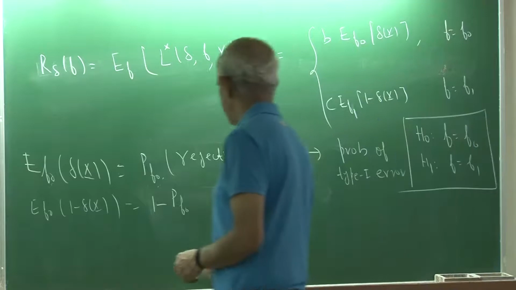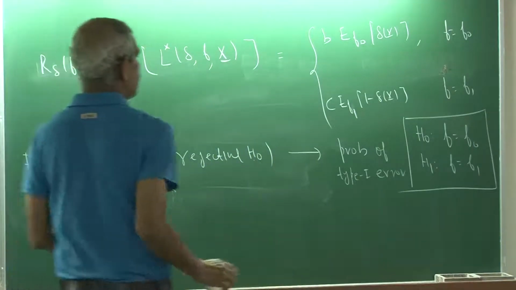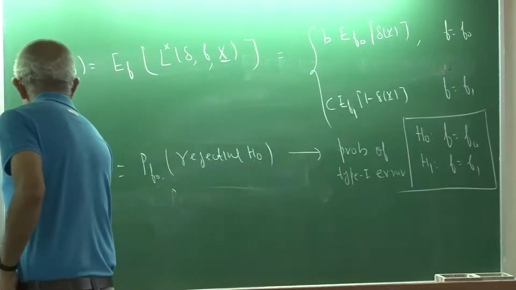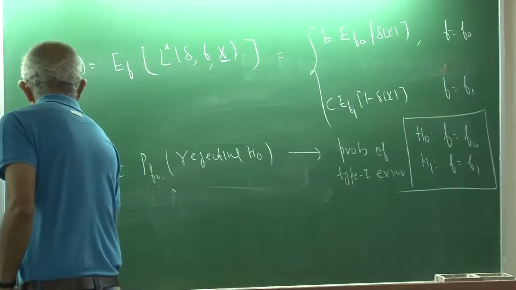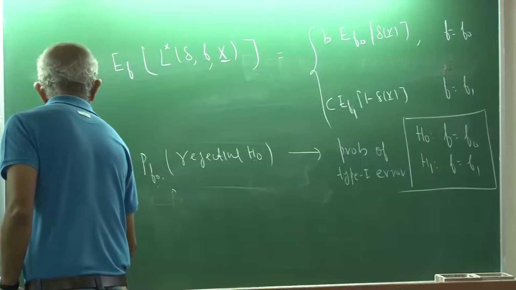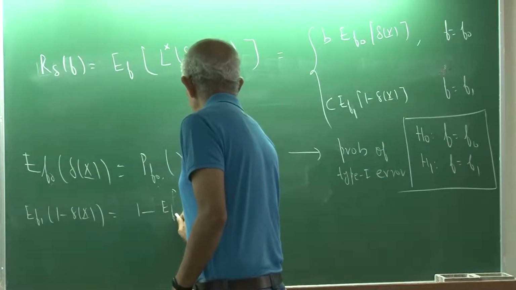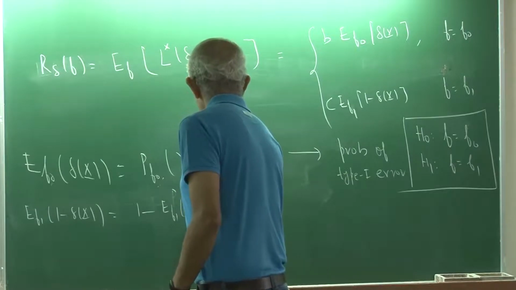I have to calculate here E f1 of 1 minus delta x, which is nothing but 1 minus E f1 of delta x.